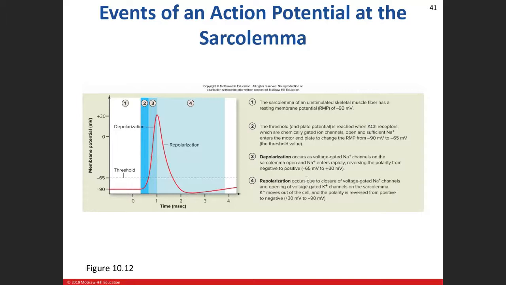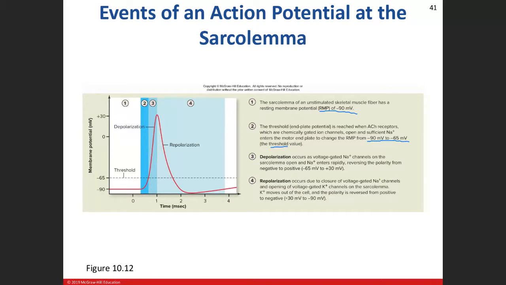We start off with our resting membrane potential of negative 90 millivolts. Then as acetylcholine is released, it triggers the opening of those chemically gated ion channels. Sodium enters the cell, and it causes the inside of the cell to become more positive. Our membrane potential goes from -90, and once it hits -65, that's our threshold value.